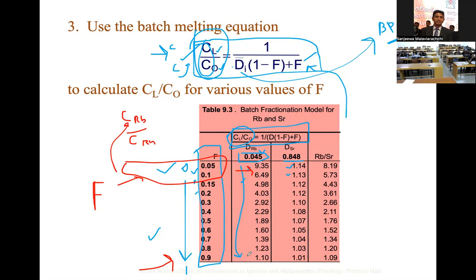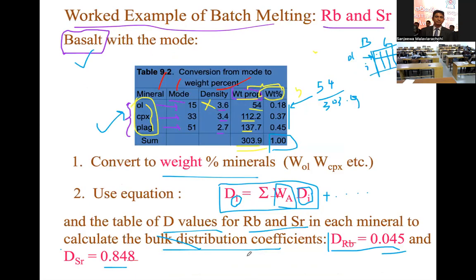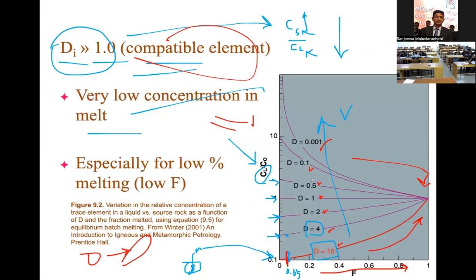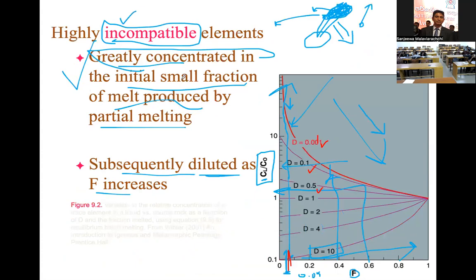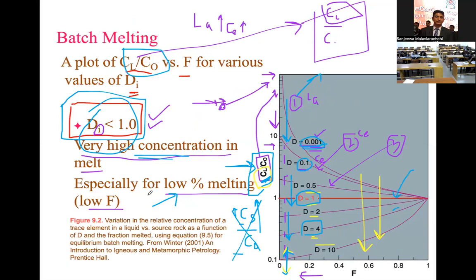So this again reflects your previous curve here. Remember, for very low concentrations, low F values, for a low degree of melting, for an element with D less than 1, that means a highly incompatible element, the concentration is very high.